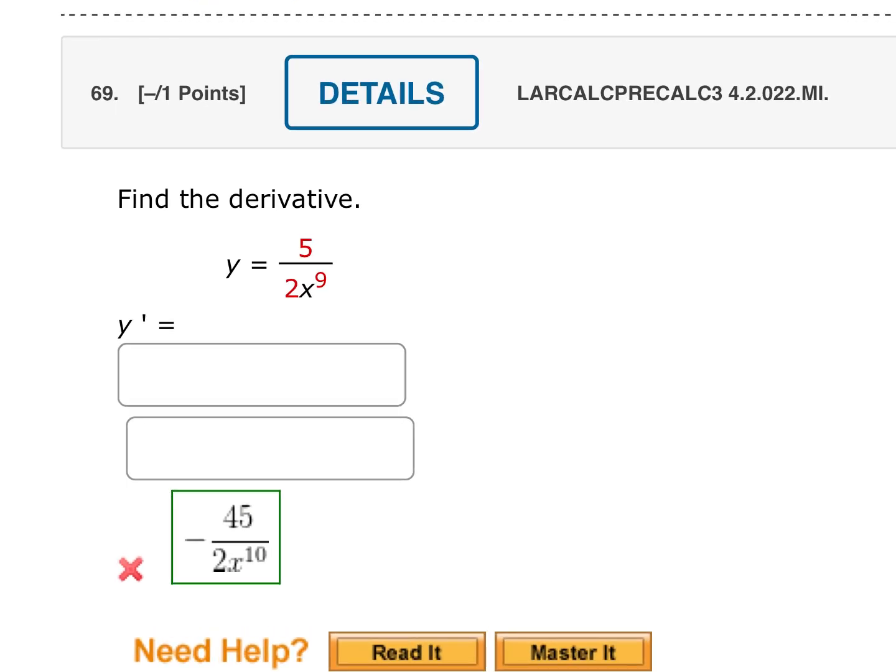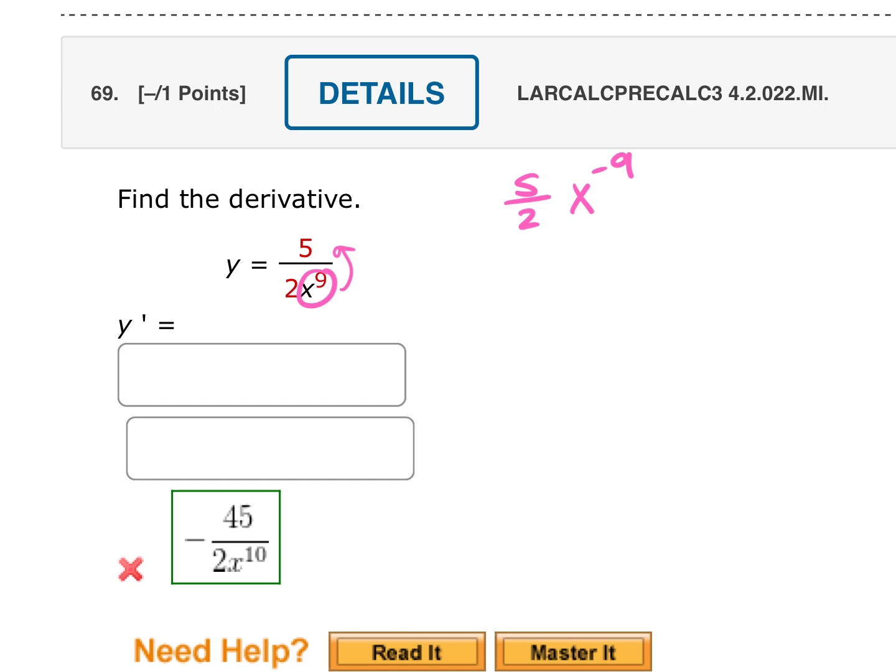For 69, you can use your quotient rule if you want. Or if you wanted to, we can take our coefficient out, 5 over 2, and then we can move this to the top by changing the exponent to negative, so times x to the power of negative 9. You'll get the same answer.